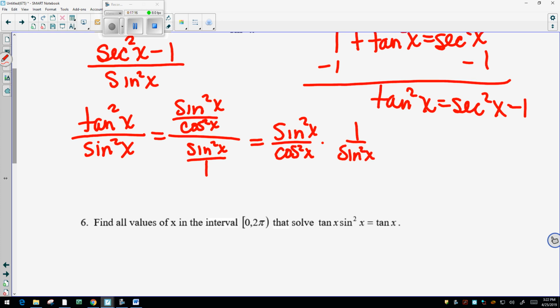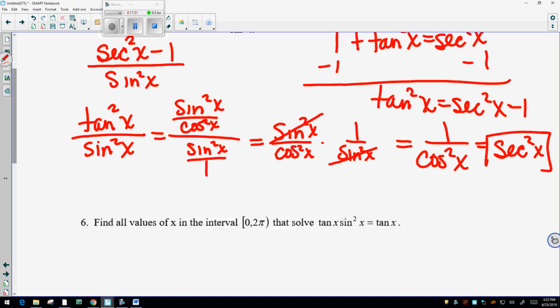And we're able to reduce diagonally. So this is leaving us 1 over cosine squared. And using those reciprocal identities, 1 over cosine squared is really secant squared x. So again, we're taking something that looks crazy horrible and turning it into one term.